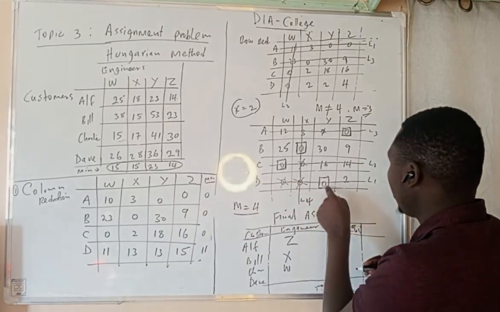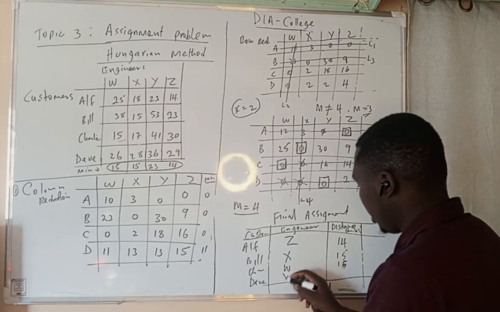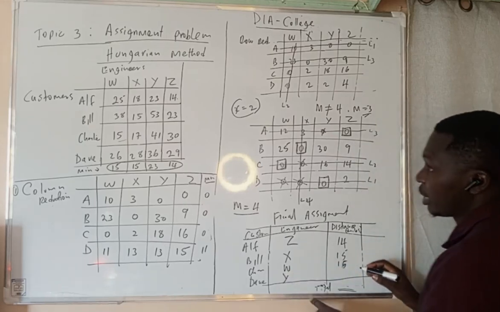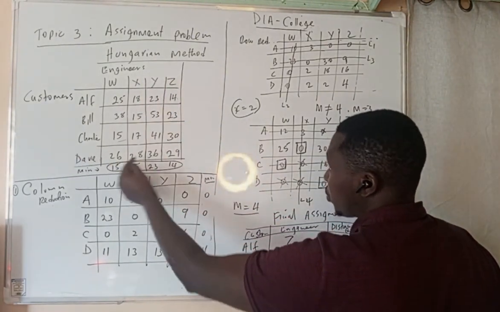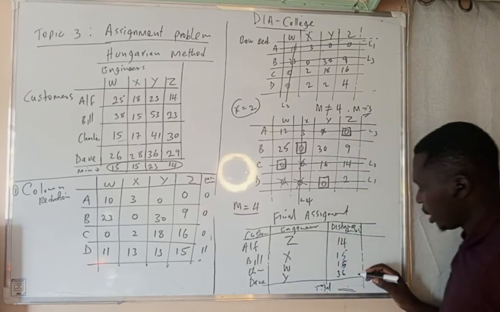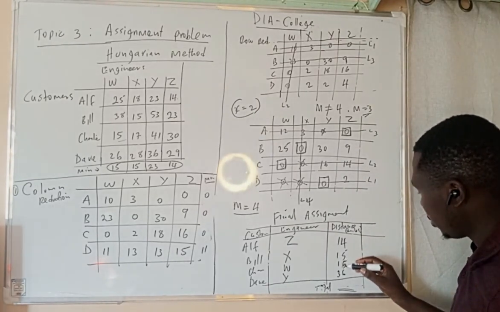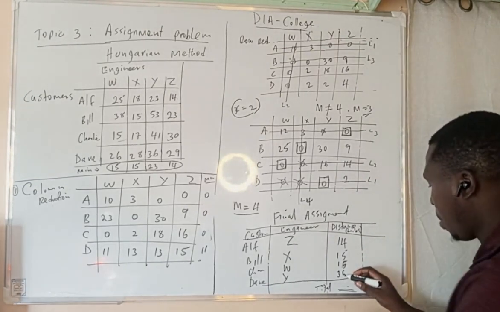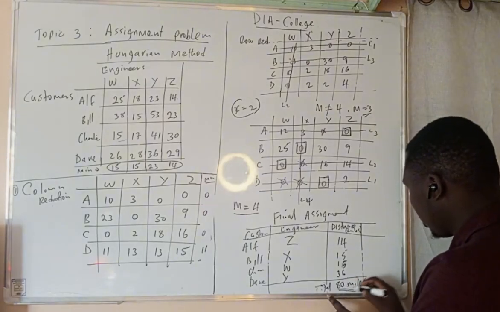Dave is assigned to Y. You can check the distance in our initial matrix: Dave assigned to Y is 6. All right, so you can tell me how many miles in total were covered. I add 14 plus 15 plus 15 plus 36. This gives me 80 miles.